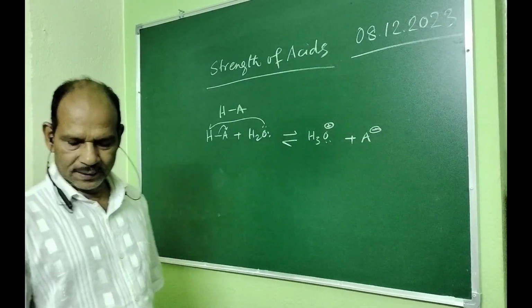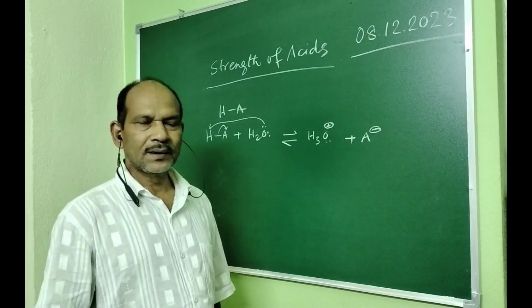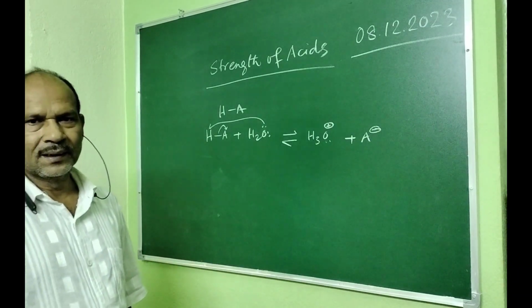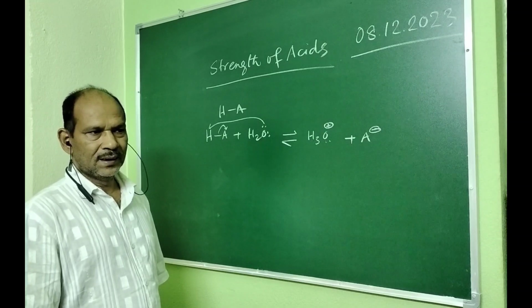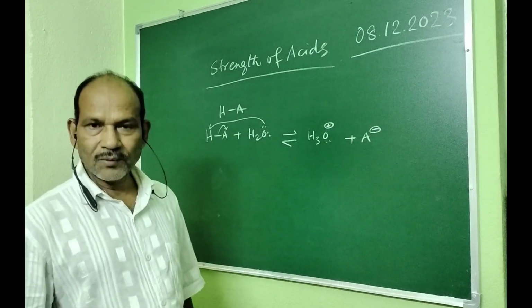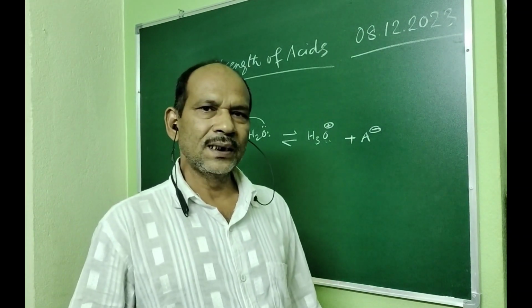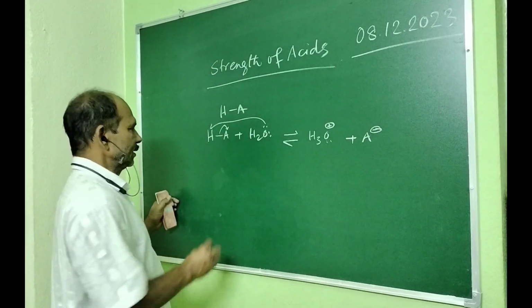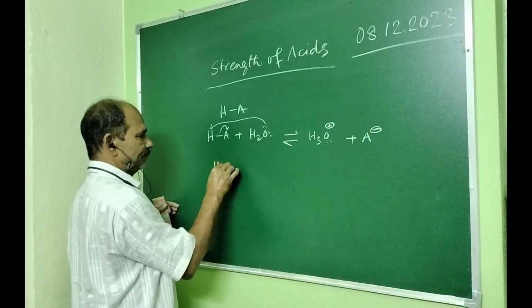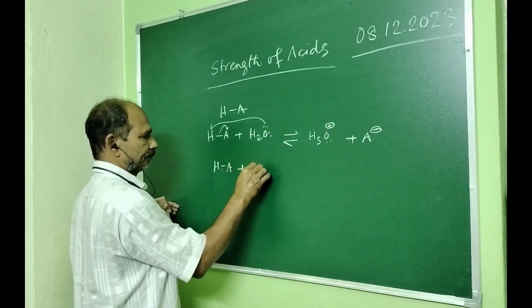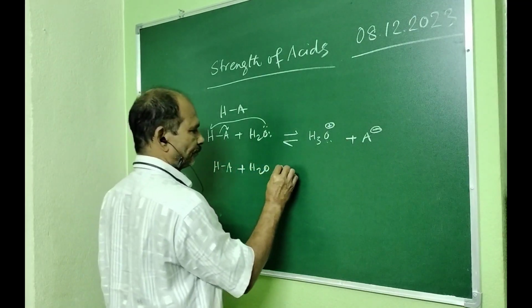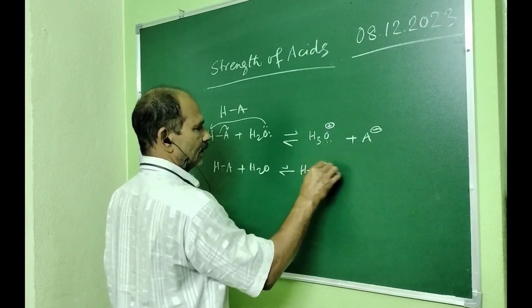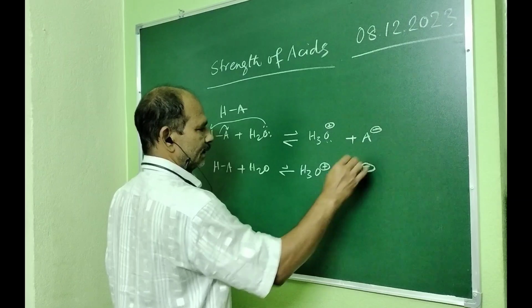You see, if the equilibrium is shifted towards the right, the acid will be strong. But if the equilibrium is mostly shifted towards the left side, it looks like this: H3O+ and A minus.